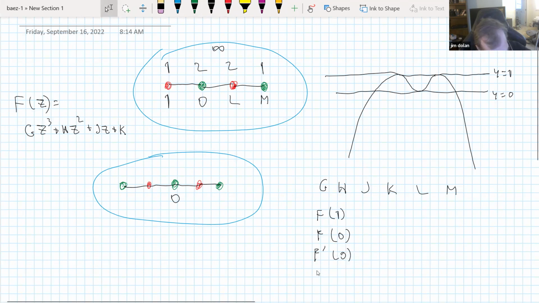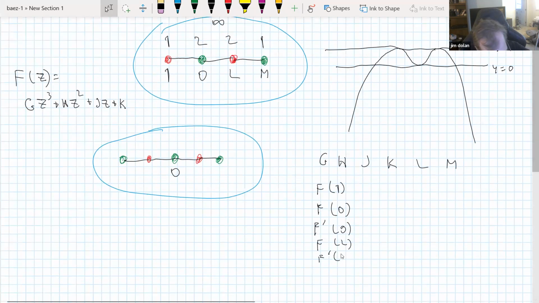And there's 1 for f of L, 1 for f prime of L, and 1 for f of M. So f of 1 should be 1, f of 0 should be 0, f prime of 0 should also be 0. f of L should be, is it 1?